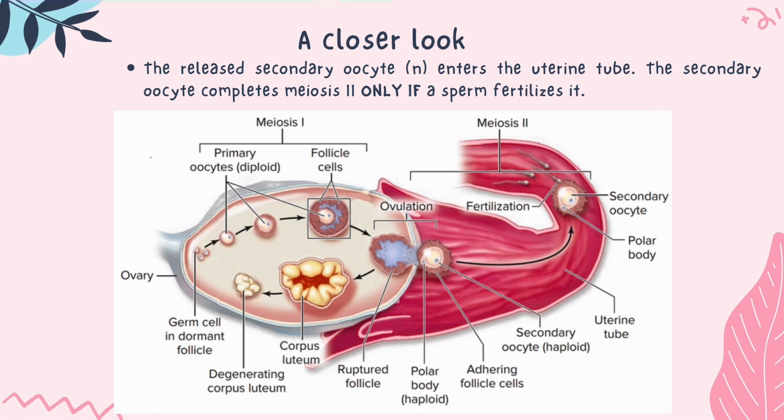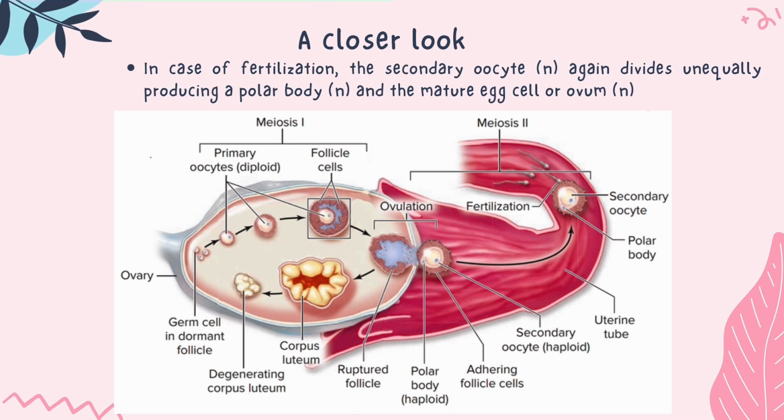Only if a sperm penetrates the oocyte does meiosis II resume. If fertilized, meiosis II is completed, producing a haploid ovum, or egg, and a second polar body. Each of the two meiotic divisions involves unequal cytokinesis, with the smaller cells becoming polar bodies that eventually degenerate.